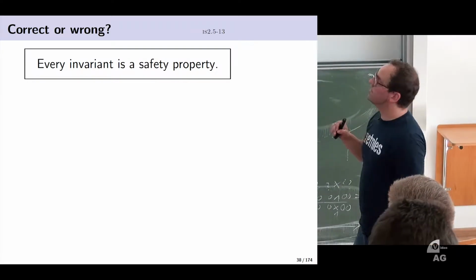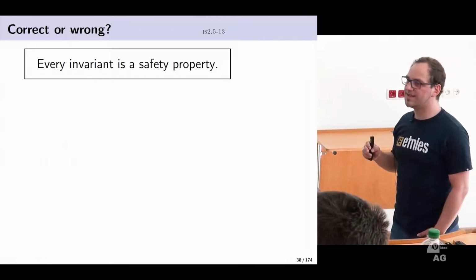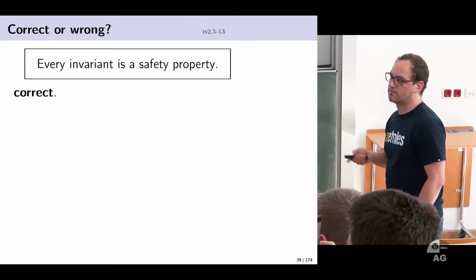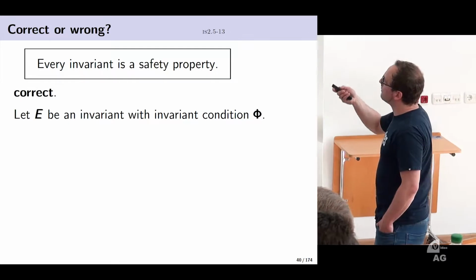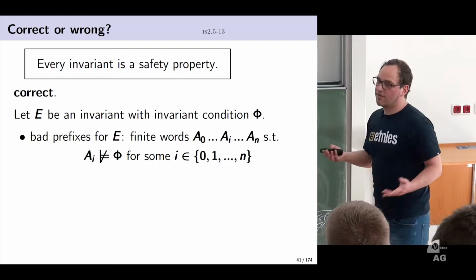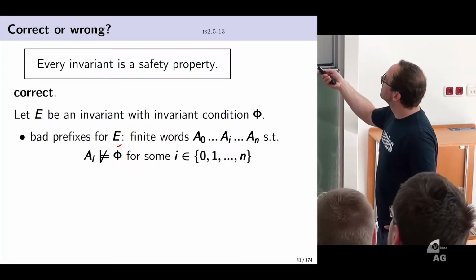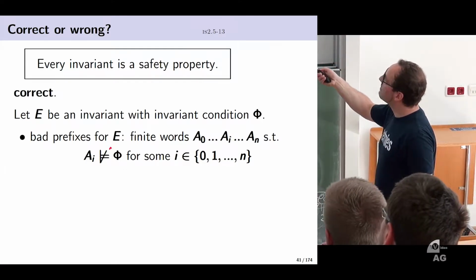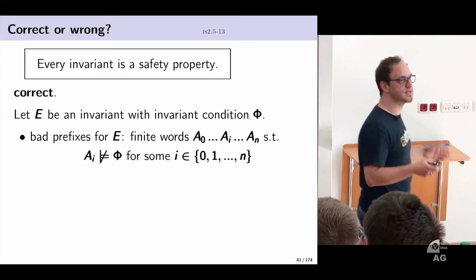Is it true that every invariant is a safety property? Well, I already told you that. Yes, it is. But why is that? First of all, let's assume that E is an invariant with condition phi. It's very easy to characterize the bad prefixes of this property, because if at some point during a finite word I already have a violation of my invariant condition, then I cannot possibly extend it to satisfy the property again.